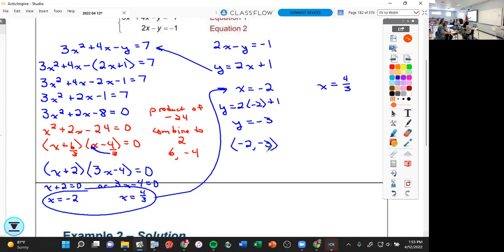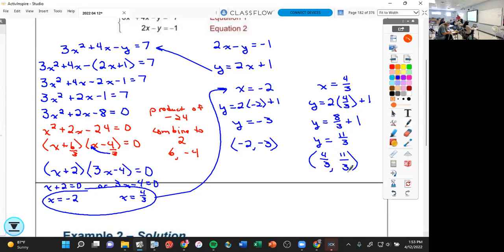Y equals 2 times 4/3 plus 1. Y equals 8/3 plus 1. Y equals 11/3. So that solution is at 4/3, 11/3.